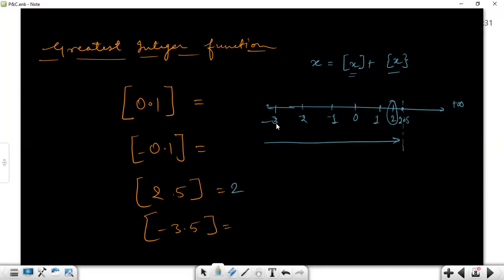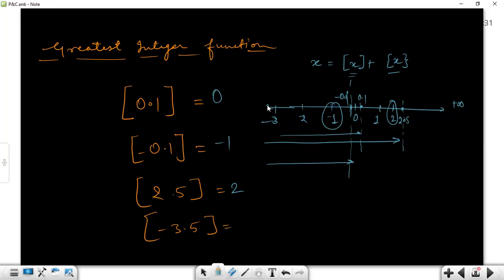If we have to find it for 0.1, which is here, we come from the left-hand side. After reaching, we check the nearest integer to its left, that is 0. Now for minus 0.1, we come from the left-hand side, and after reaching here, we check the nearest integer to its left, which is minus 1.